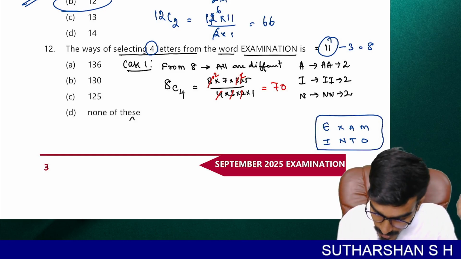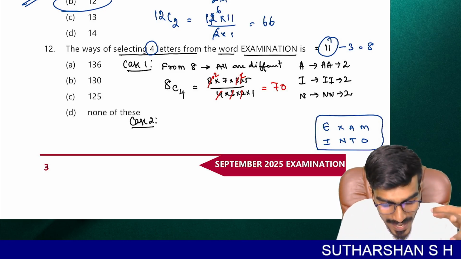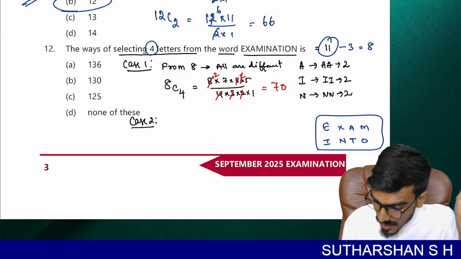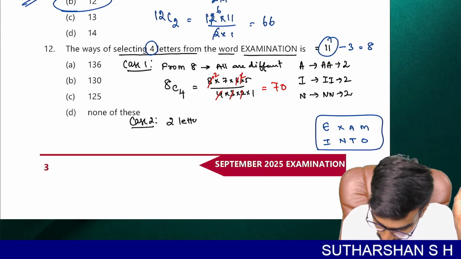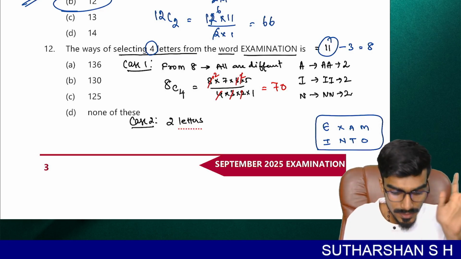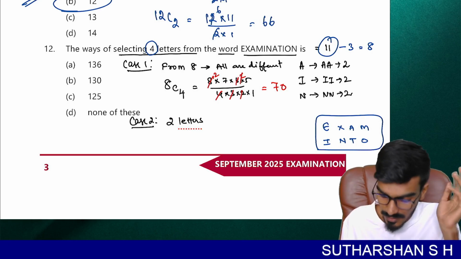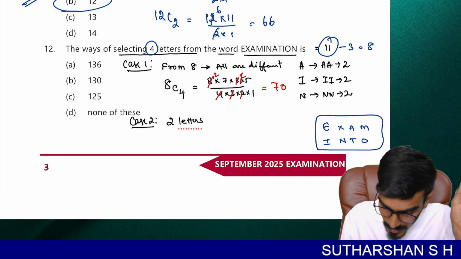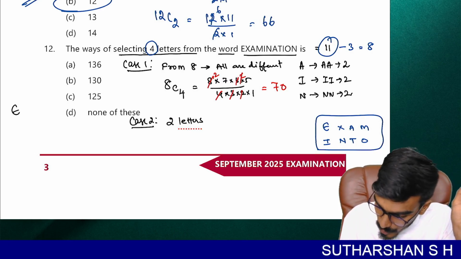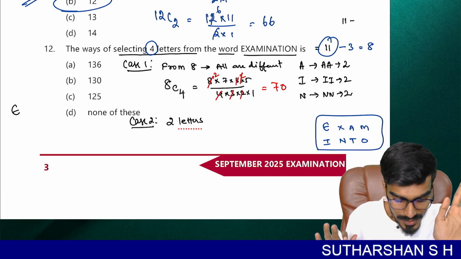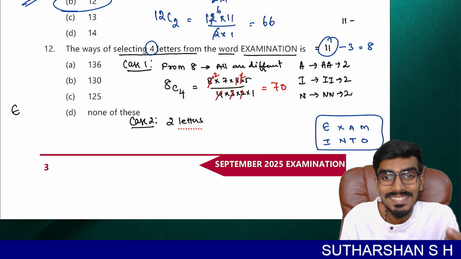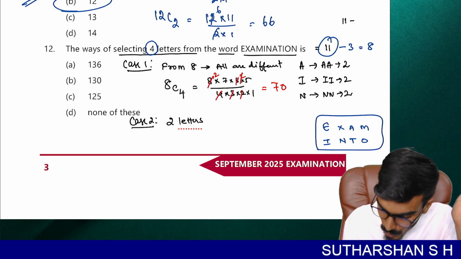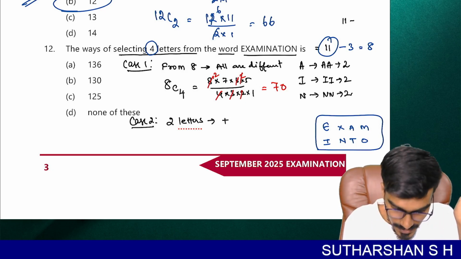Now come to case 2, guys. What is case 2? In case 2, I can select 2 letters from the same letter, out of the total 11, and the other 2 letters different.